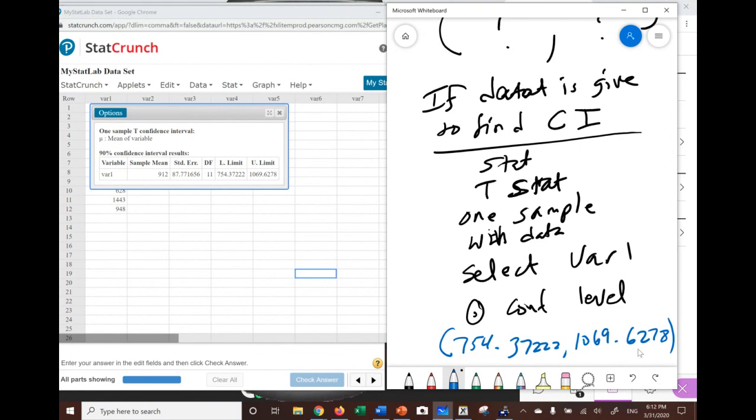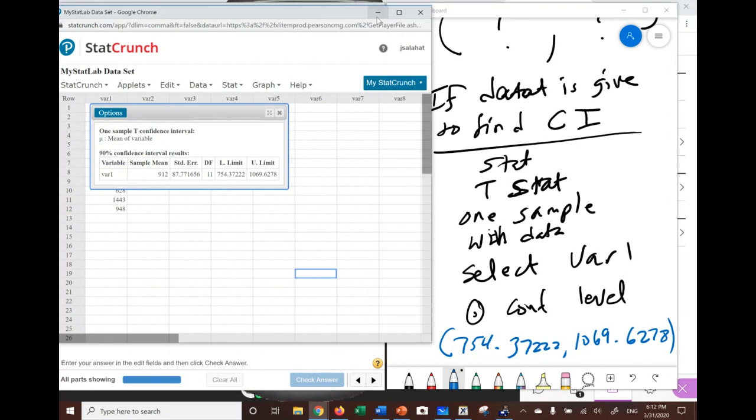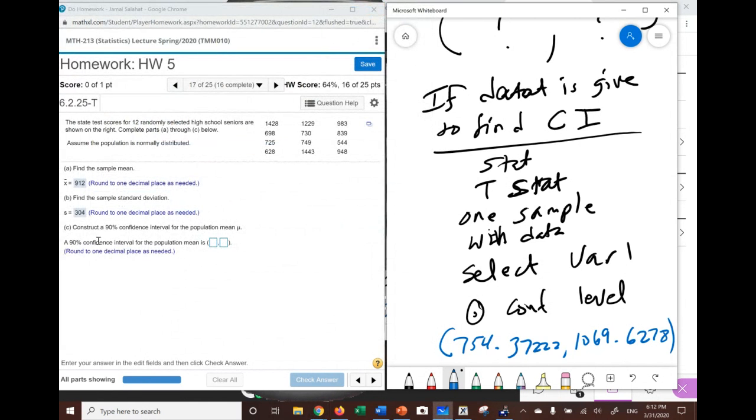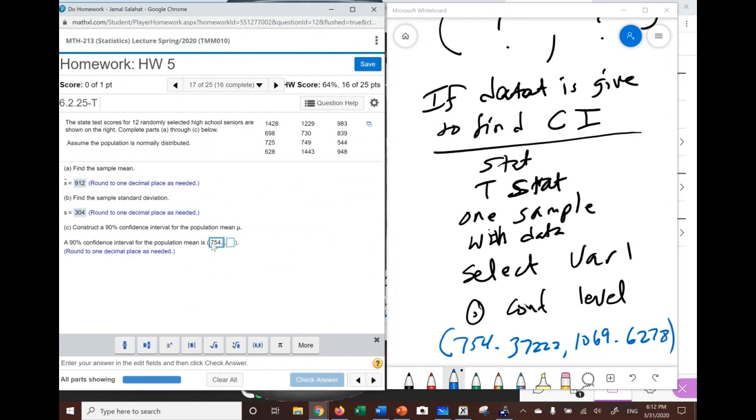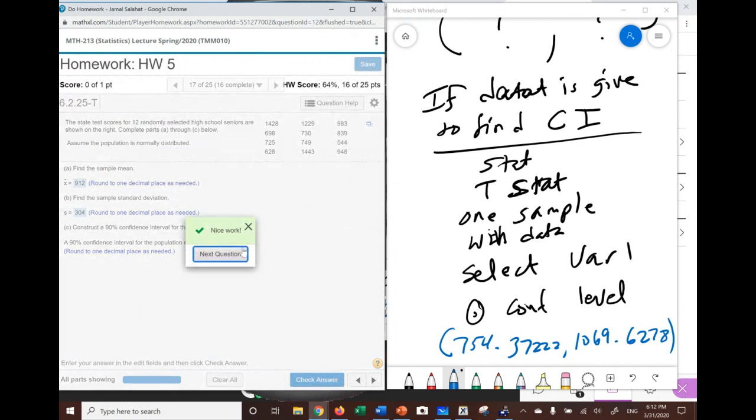If I go to the homework, they want me to write the answer to one decimal place, so I don't have to keep all those digits. 754.4, and the next one is going to be 1069.6. Now I will be able to get my answer.